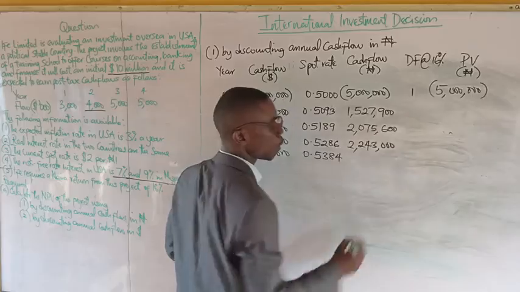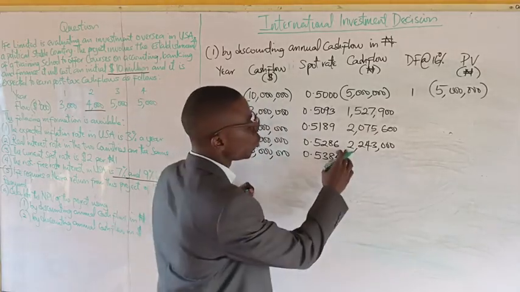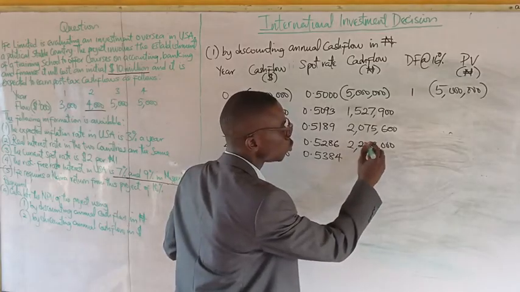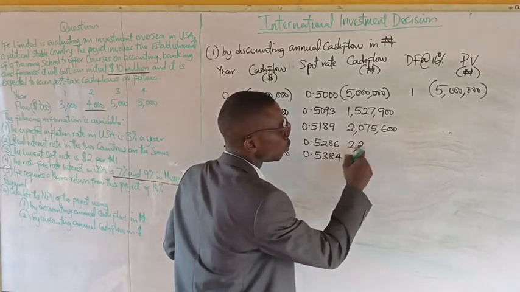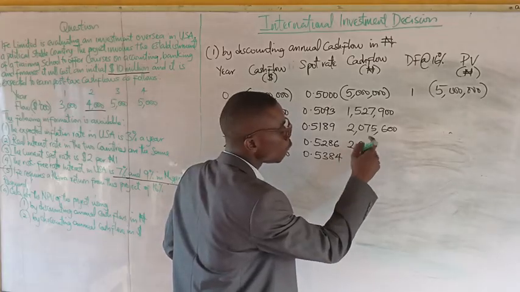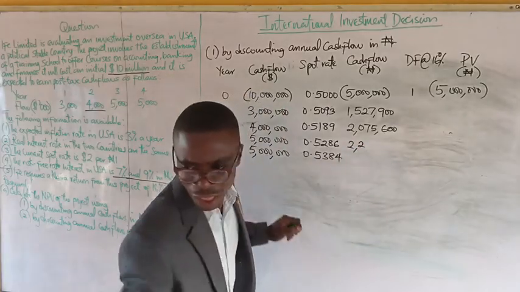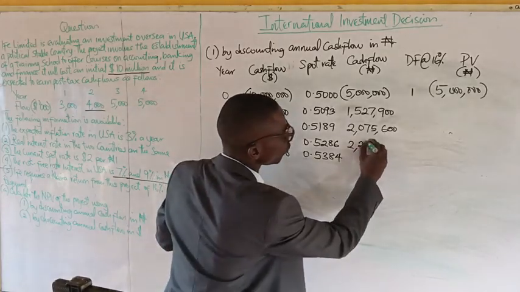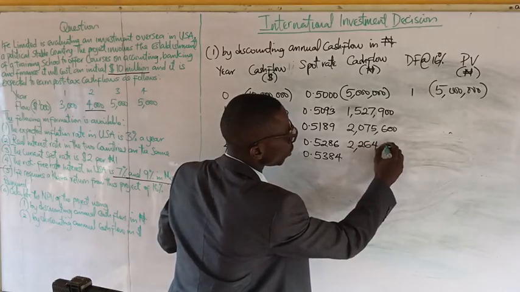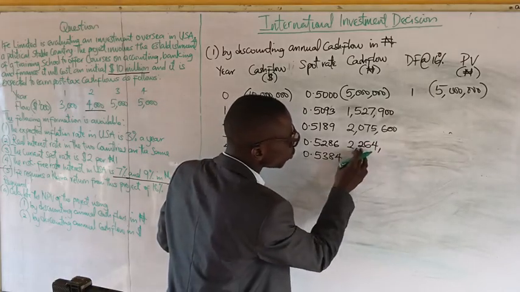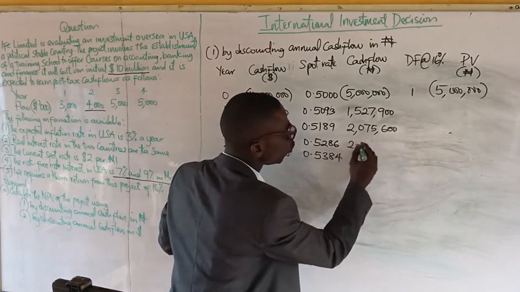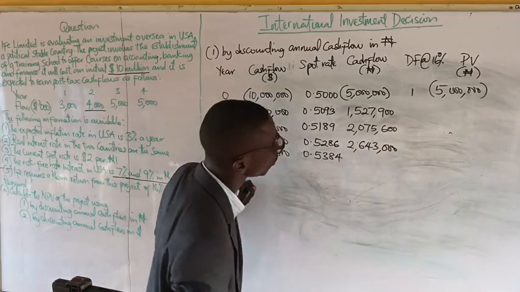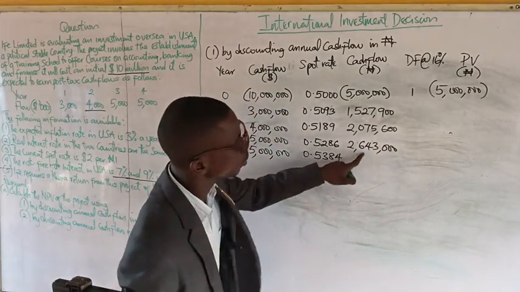That gives 2,243,000 for the earlier one, and 2,643,000 for the next one. Right? Is it correct?